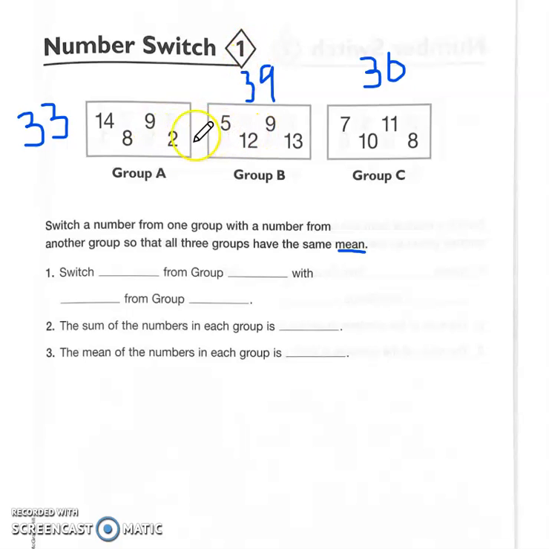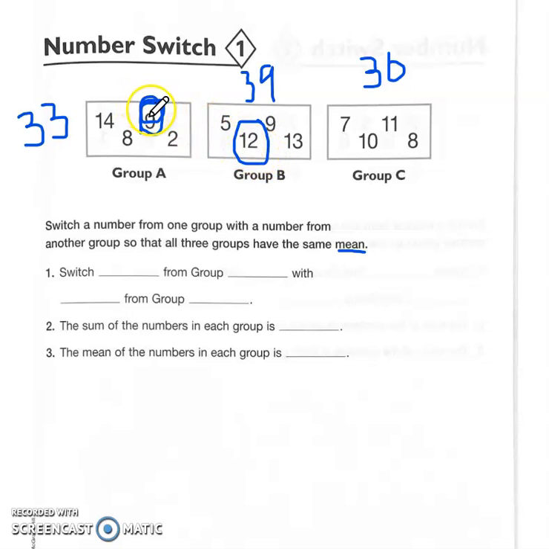So can you see 2 numbers in here from A to B that if I flip-flopped them, my total for group A would go up by 3 and my total for group B would go down by 3? Do you see those 2 numbers? I think I do. That's a 9 right there, and 9 and 12.